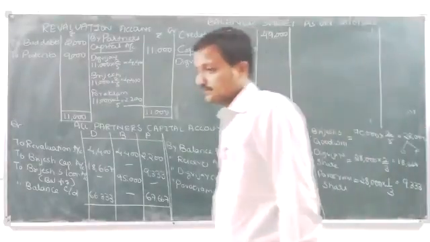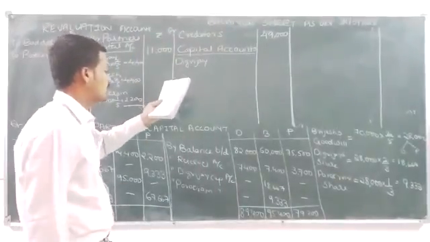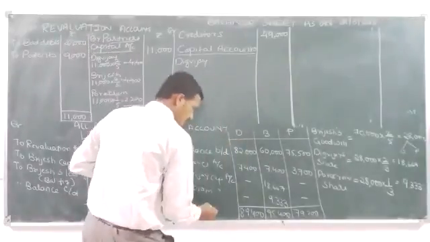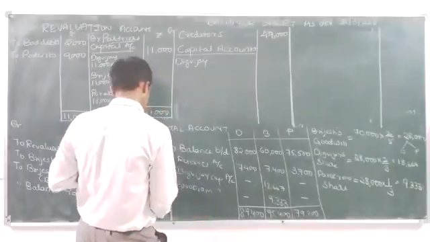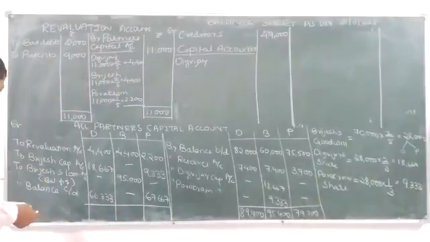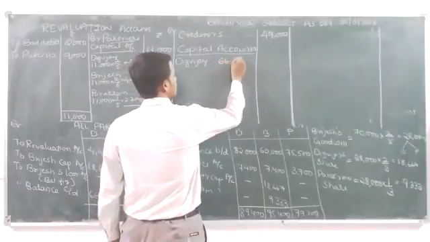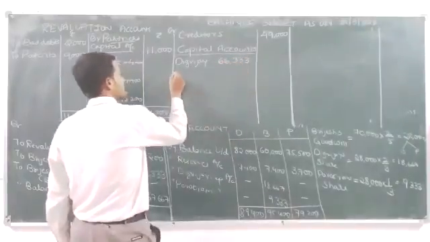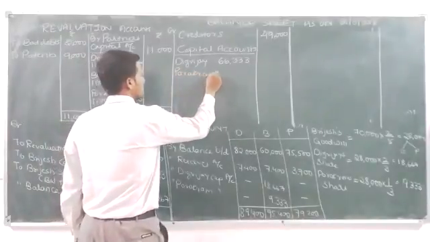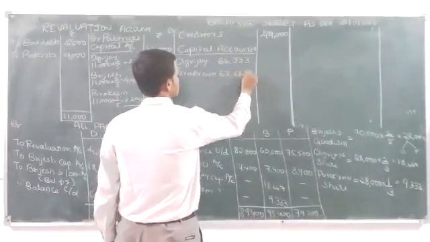Next, coming to the balance sheet. First you have written creditors 49,000, then you have written capital accounts. The first one is Digvijay. Digvijay's balance was how much? Balance carried down, yes, 66,333. The next is Parakram, it is 67,667.